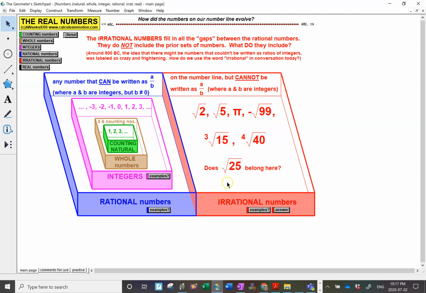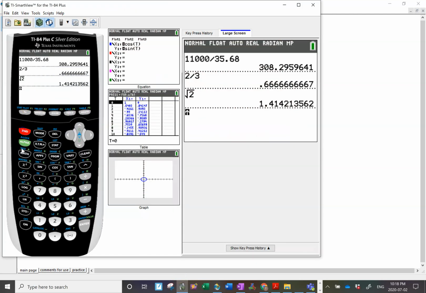What about square root of 25? We're going to learn about square roots in the next section. But if we write square root of 25, the answer is actually, let's put that down here. I'm sure you are familiar with what square root of 25 is, but I'm just going to write it down in your calculator here. Square root of 25 is equal to 5.